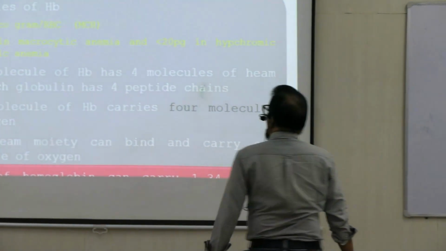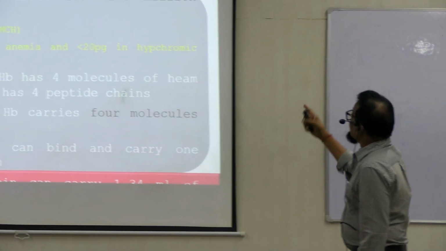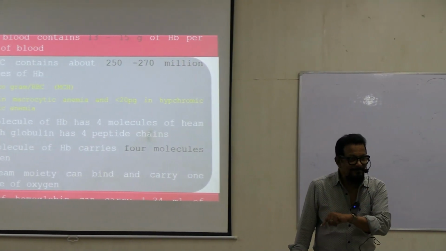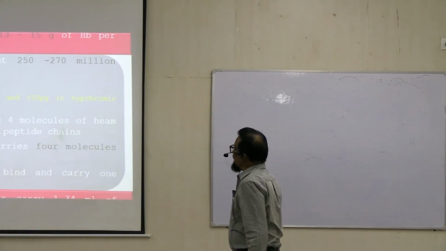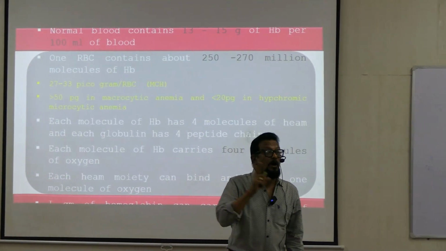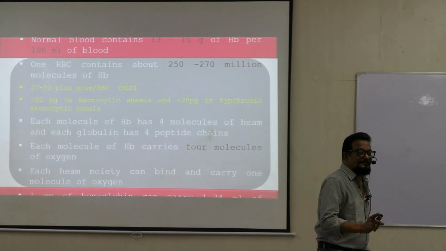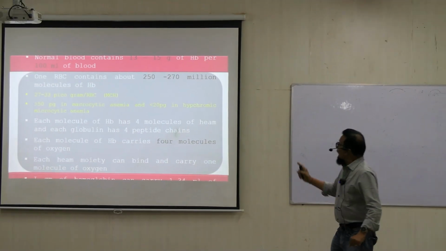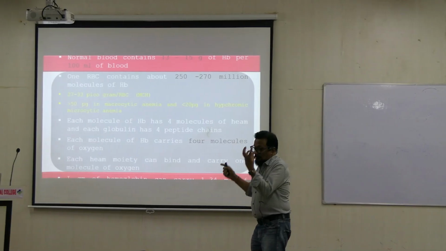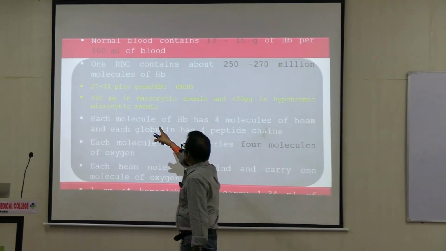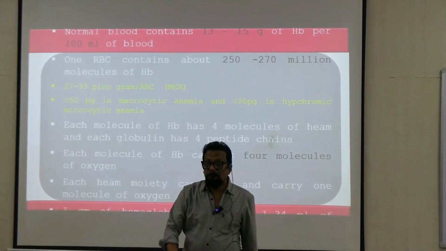Now, normal blood contains 13 to 15 gram of hemoglobin per 100 ml of blood. How much? 13 to 14. And one RBC contains 250 to 270 million hemoglobin molecules. A lot of hemoglobin molecules. And what is the weight of this hemoglobin? It varies from 27 to 33 picogram.